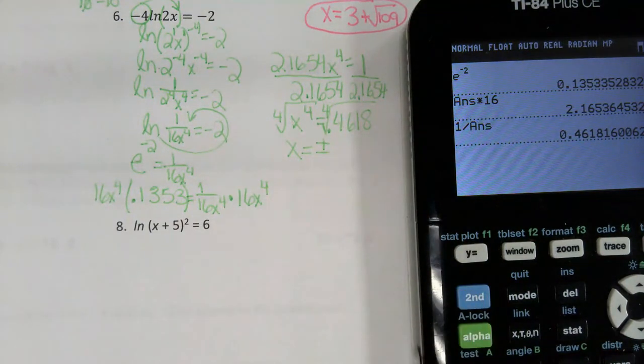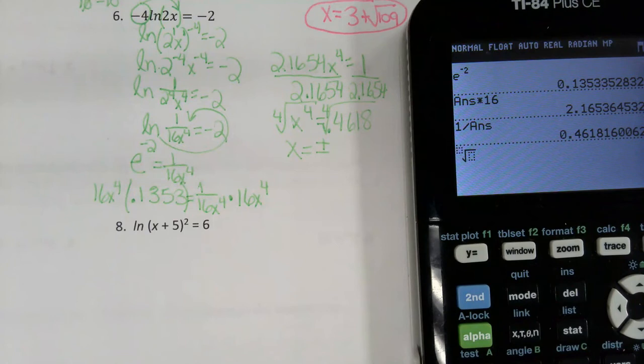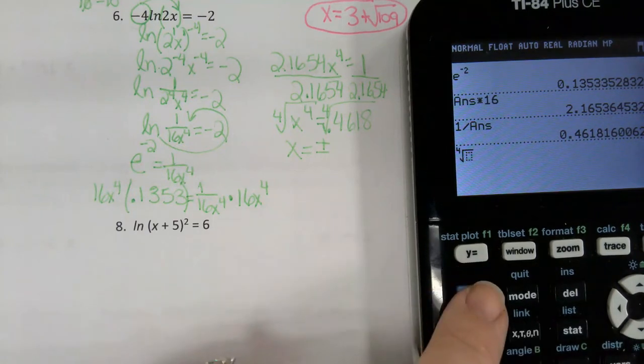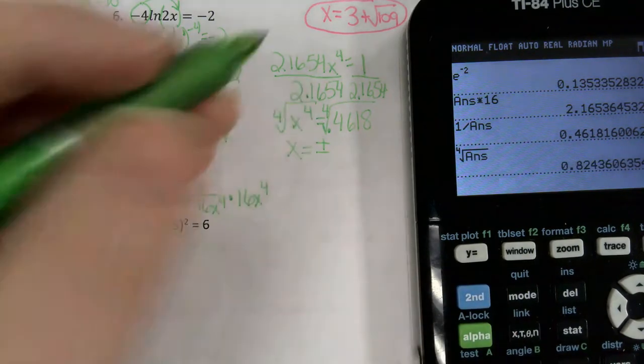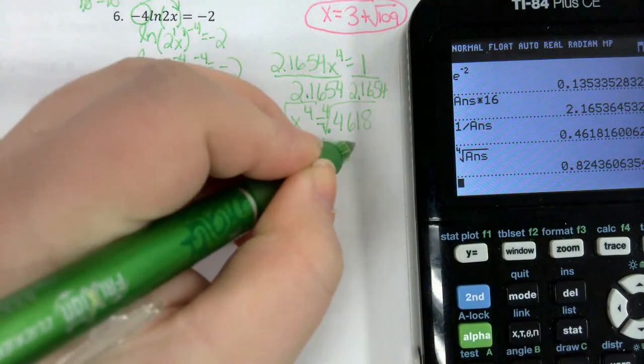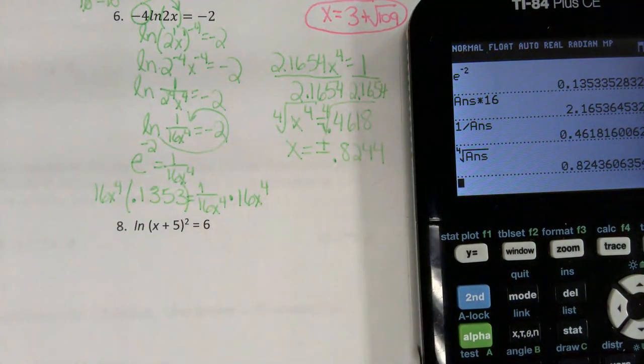If your calculator requires you to type the index first, make sure you type the 4 first before you press math and option 5. My calculator does not, so I can type the 4 afterwards. And then I need to use that A and S again. So second and the negative button gives me 0.8244.